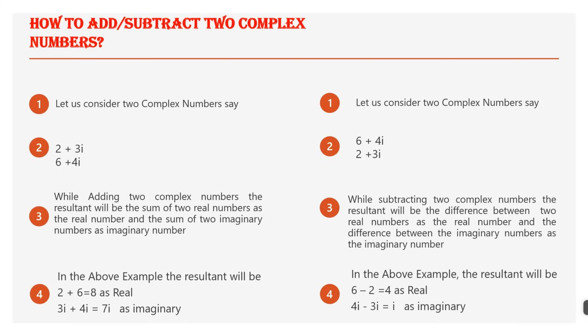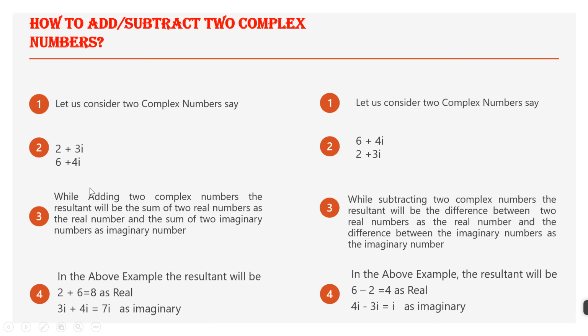So here also, while subtracting the two complex numbers, we will subtract the two real components and subtract the two imaginary components. So in the above example, 6 minus 2 becomes 4 as a real, and 4 minus 3 becomes 1 as an imaginary number. So after subtraction, the resultant is 4 plus 1i.